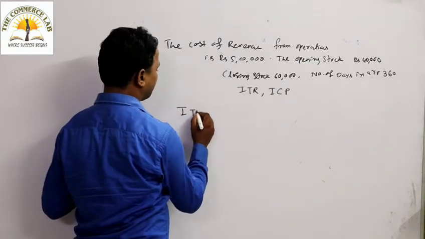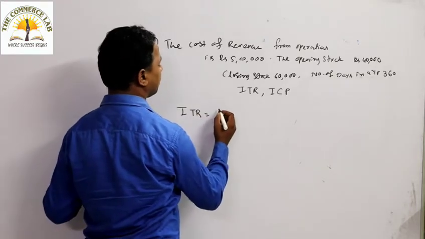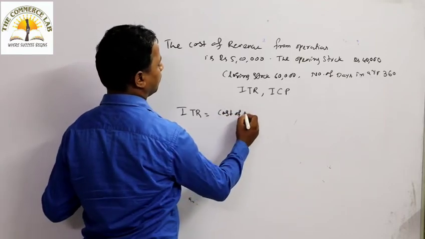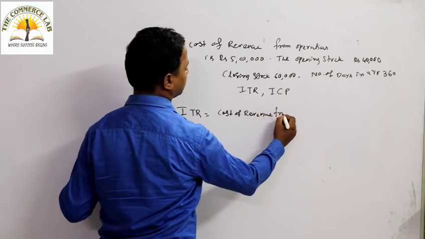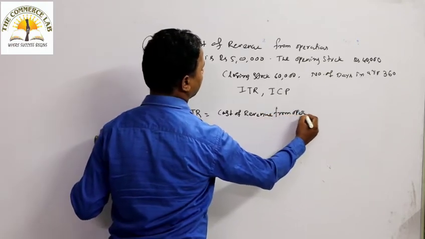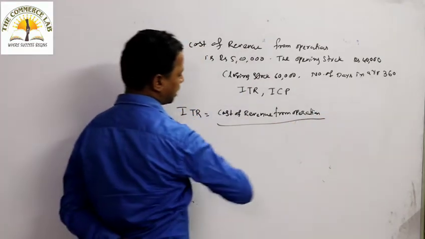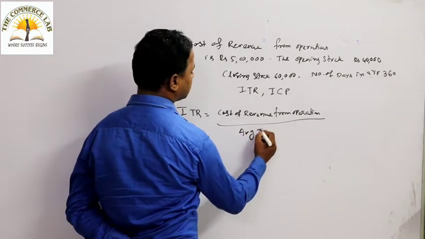First of all, we have to calculate inventory turnover ratio. Inventory turnover ratio can be calculated by the formula: cost of revenue from operation, or simply cost of goods sold, divided by average inventory.